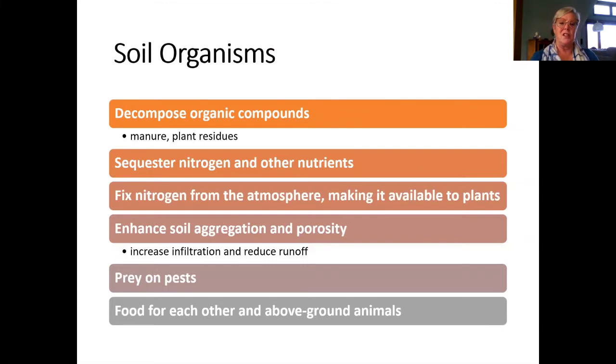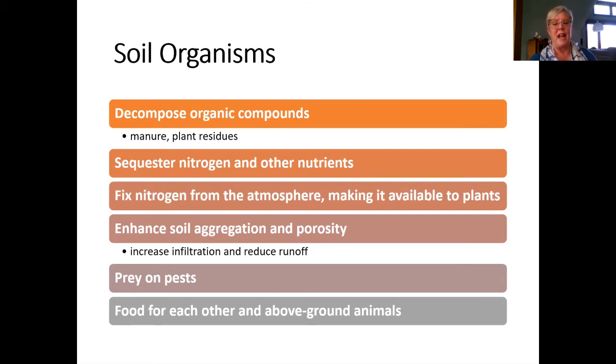It's enough to have at least a basic understanding that what these soil organisms do is to help, number one, break down and decompose the organic matter on the soils as leaves fall and as roots die back, etc. and manures.